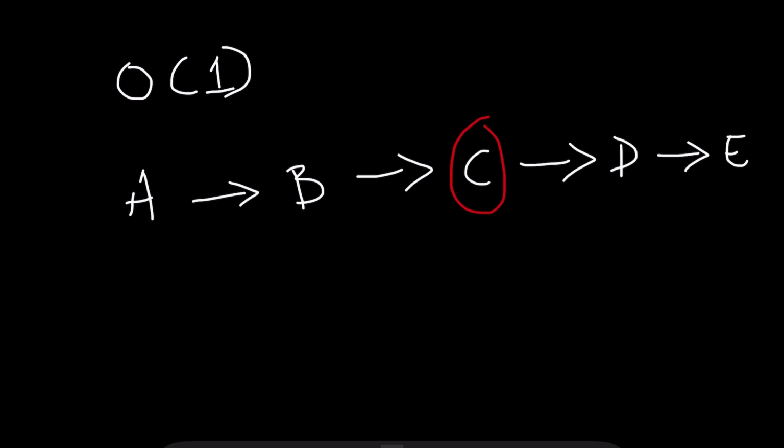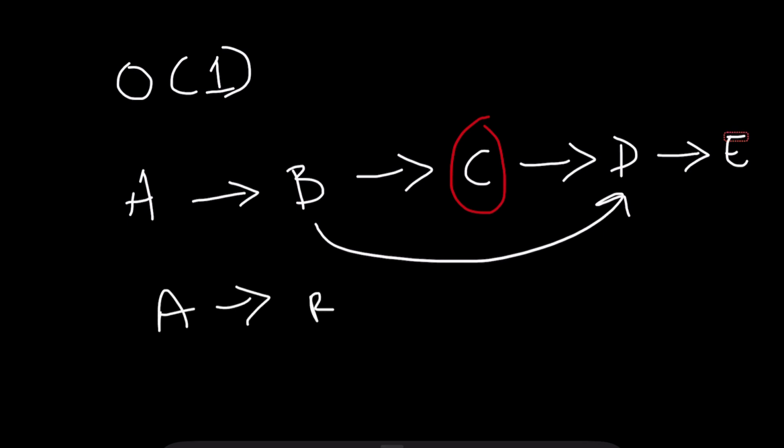One way that I can do this is just by saying B.next is equal to D. So this is how it's going to be: A, B, D, E. And so you see that this already makes it easier for us in this case.